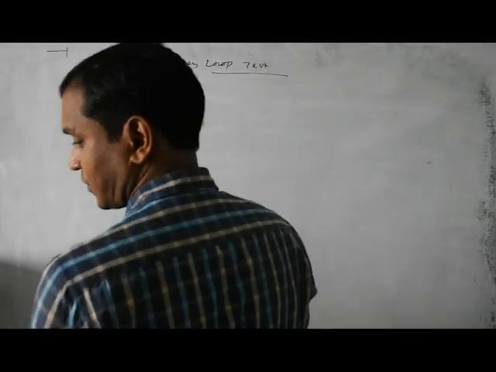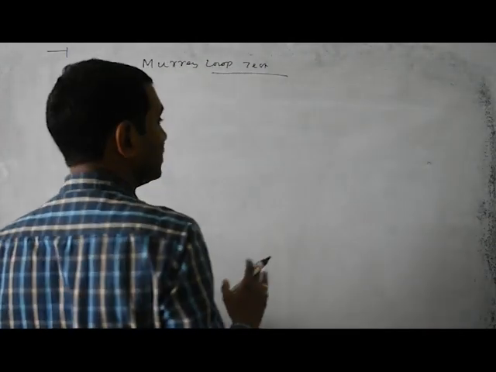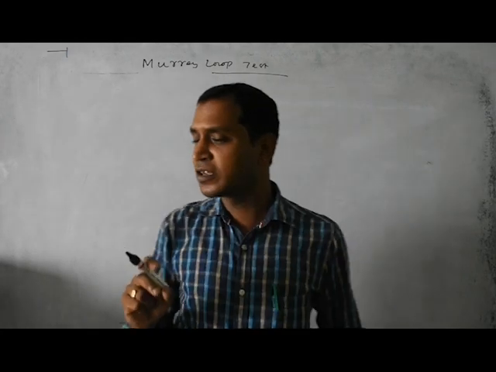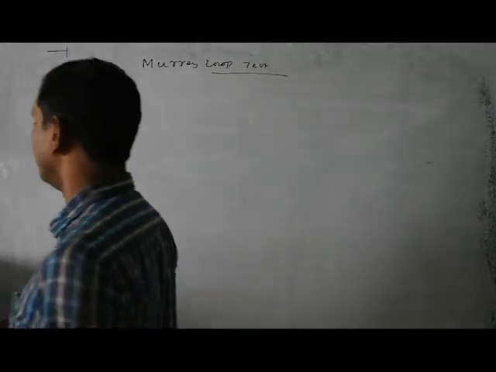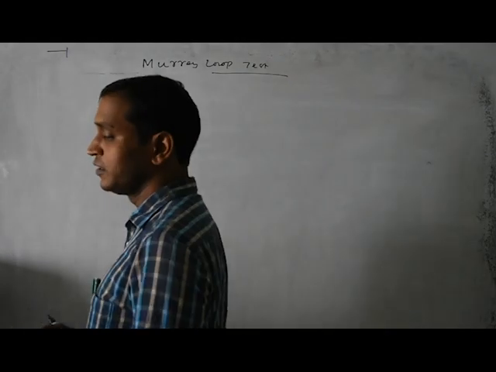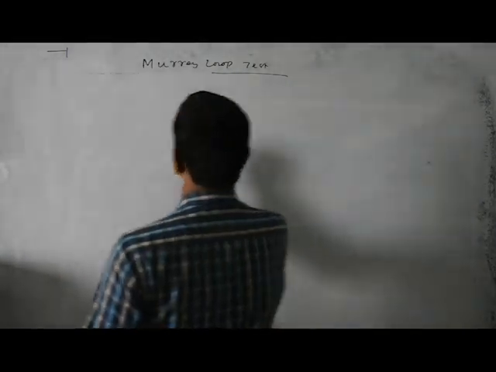Murray loop test. It is the most essential method for location of the arc fault and short circuit fault. First we draw the figure.